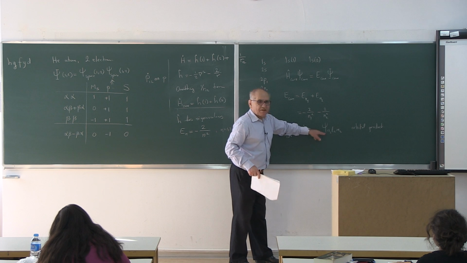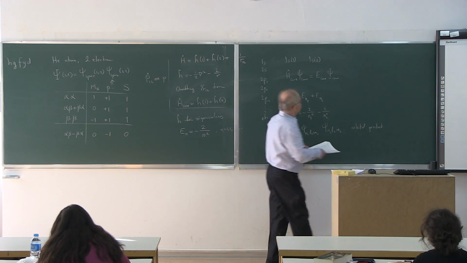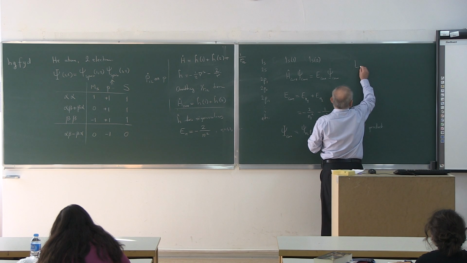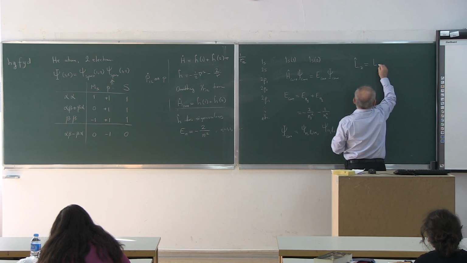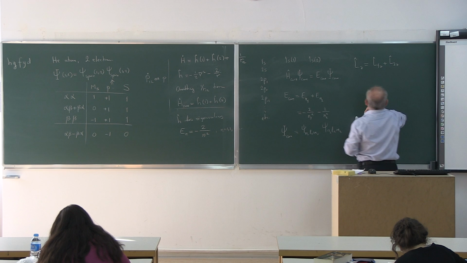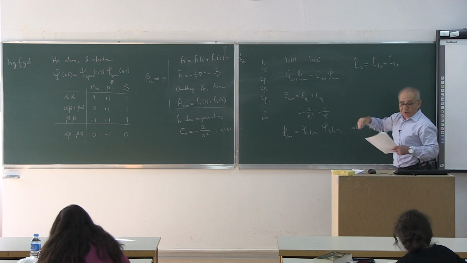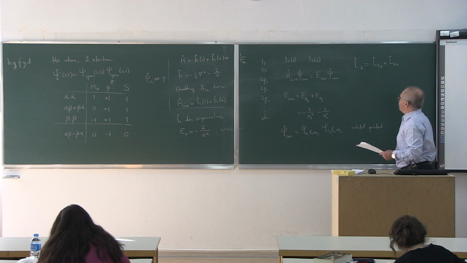Such an orbital product is always an eigenfunction of the z component of total angular momentum. What is Lz? This is the z component of the total orbital angular momentum.